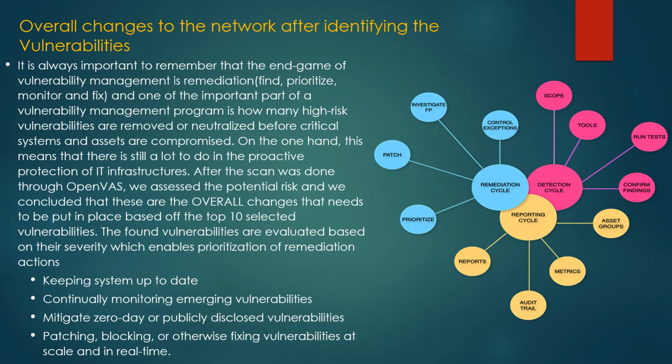And this is the conclusion that we have on the slide. He said we should name the overall changes to the network that we identified. So after going through the top 10 vulnerabilities, we all have similar vulnerability mitigations, and it is keeping the system up to date, continually monitoring emerging vulnerabilities, mitigating zero-day or publicly disclosed vulnerabilities, also patching, blocking, and fixing vulnerabilities.